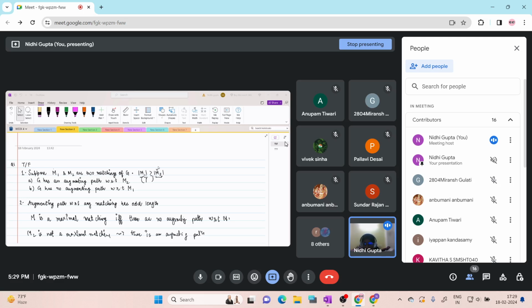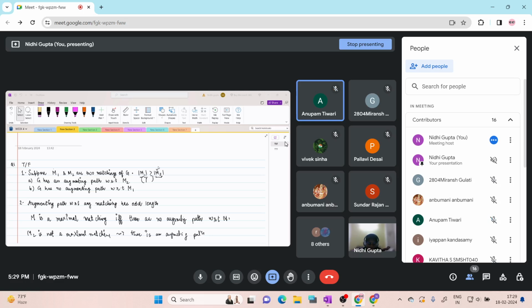Okay, so why is it false? Ma'am, because in this question it is not written that M1 is a maximum matching. It is just written that it is a matching. If we take M1 as a maximum matching, then definitely no augmenting path by the same theorem.